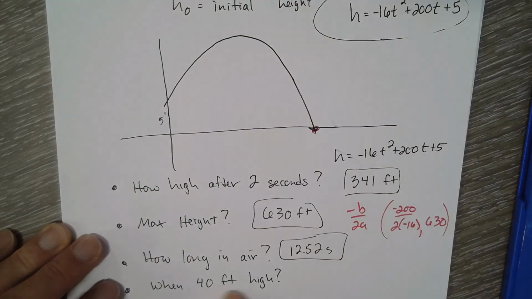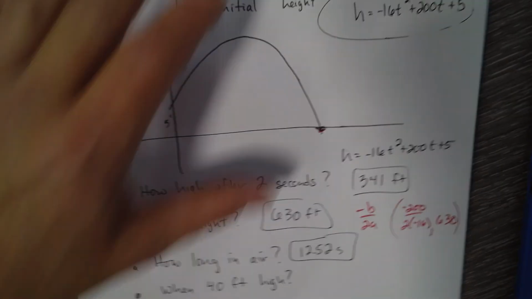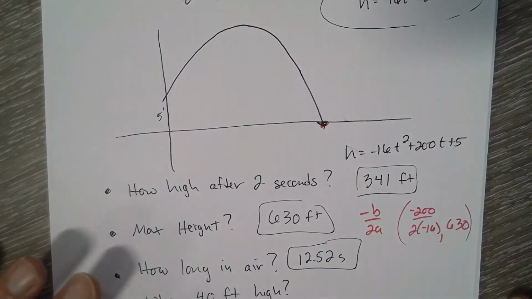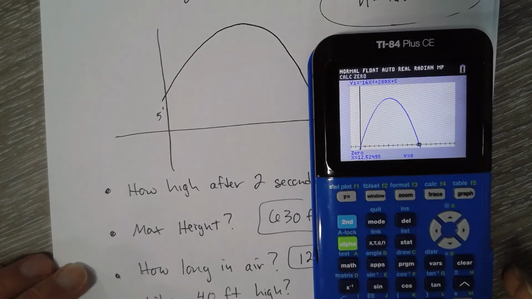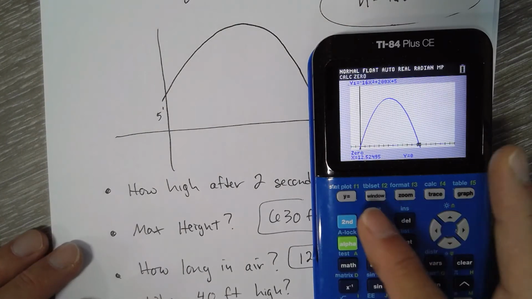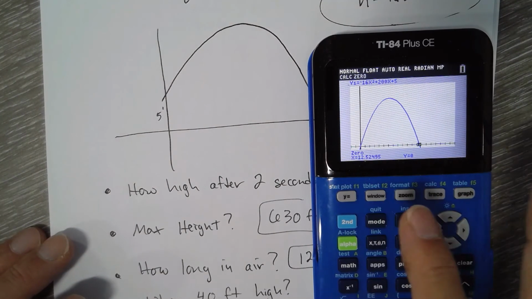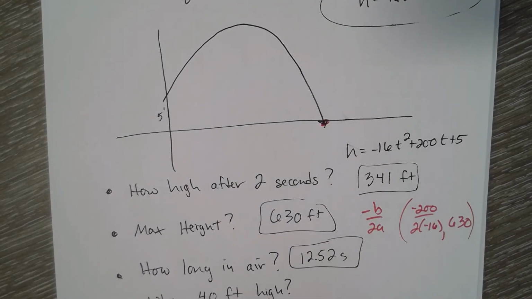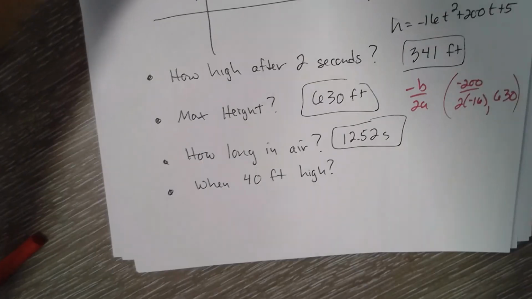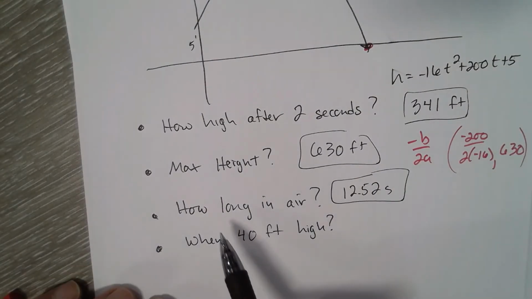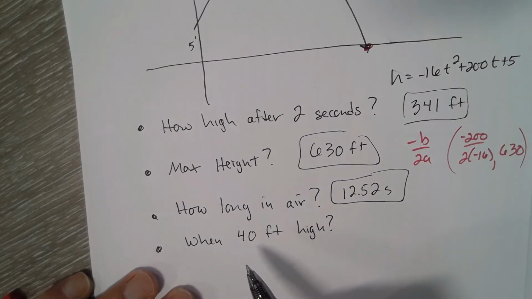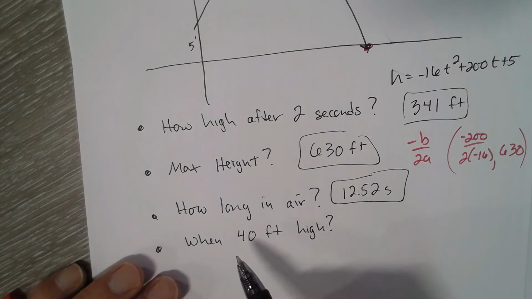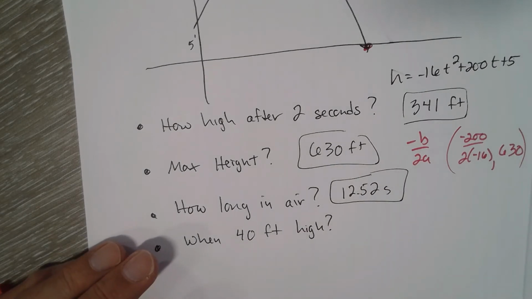And then when was it 40 feet high? Last question. So what we can do is we can use our calculators. A couple ways we could do it. I think for right now, if 40 feet is our value, is that height or time? 40 feet. Is that our height? That's our height.